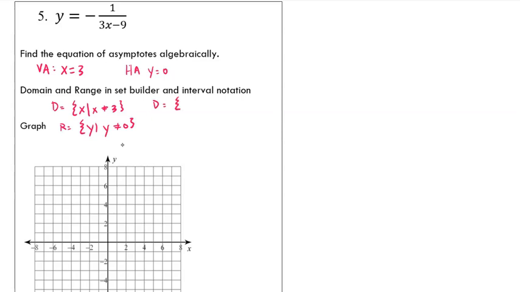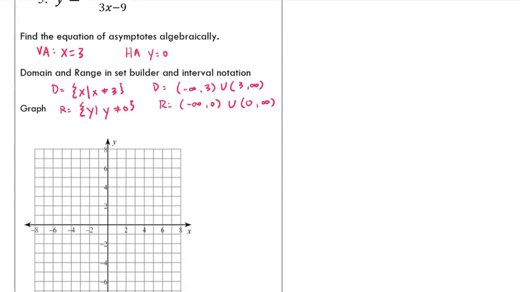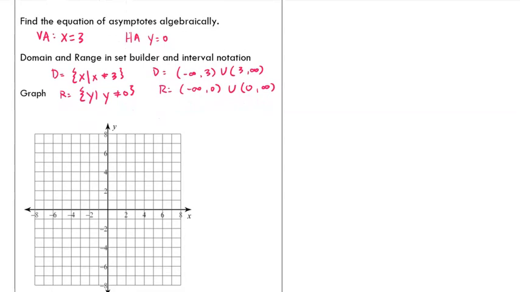The domain in interval notation is going to be negative infinity to 3, union 3 to positive infinity. The range is negative infinity to 0, union 0 to positive infinity. Let's go ahead and graph the vertical asymptote right here, and y equals 0.